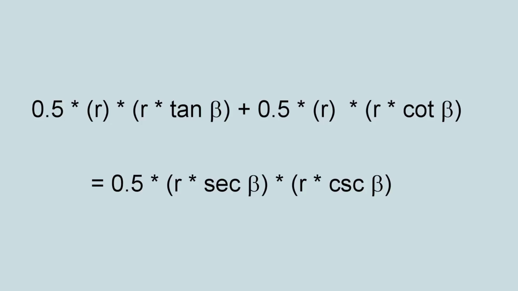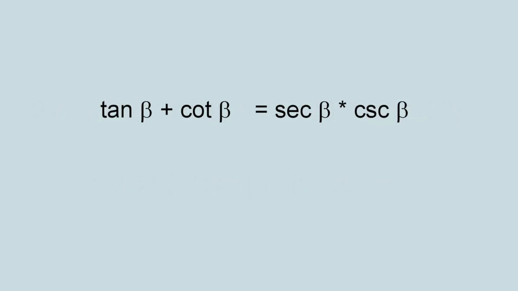So the question is, is that a true statement? To determine that, the easiest thing to do is to multiply everything by 2 to get rid of the half, and then divide everything by r squared to get rid of the r, and we end up with this equation where we simply have tangent beta plus cotangent beta is equal to secant beta times cosecant beta.